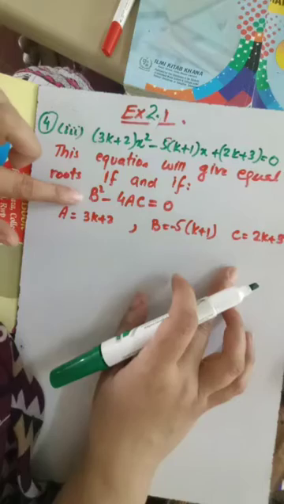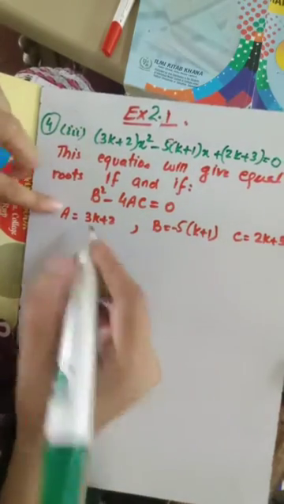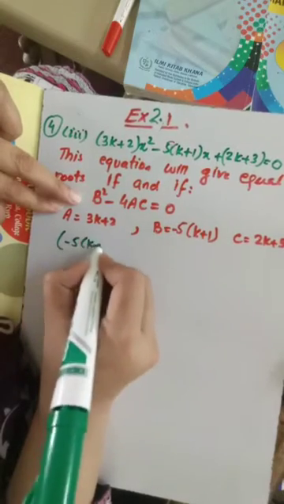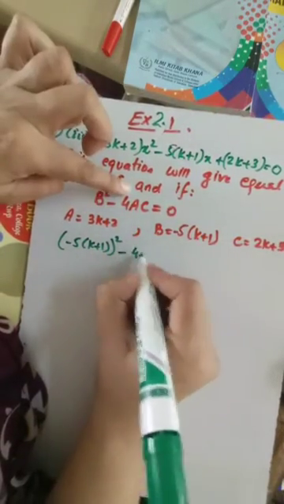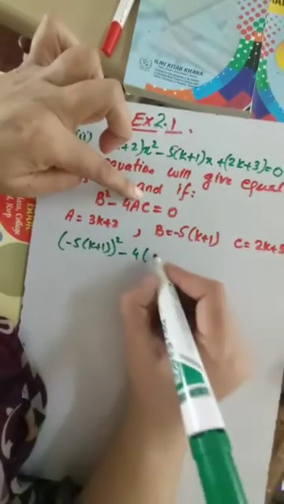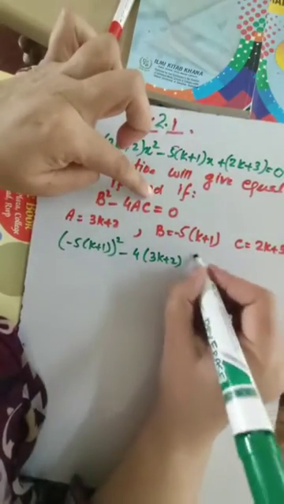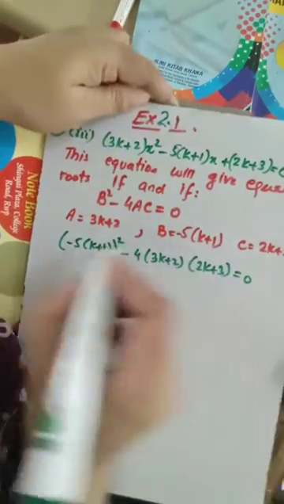Now this equation will have equal roots if the discriminant is equal to 0. It means that it will have equal roots if b, which is negative 5, squared minus 4 times a, which is 3k plus 2, times c, equals 0.